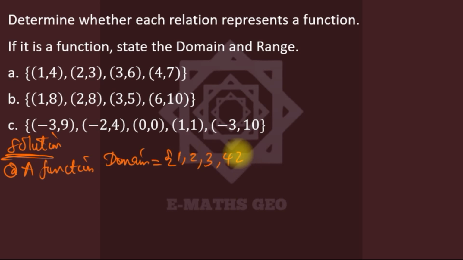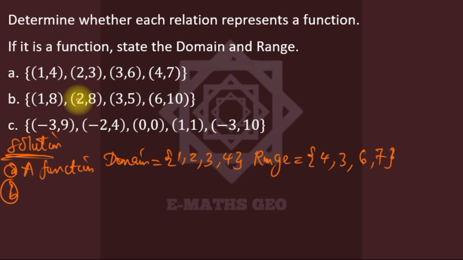The range is the set of the images: 4, 3, 6, and 7. So do you see, the y coordinates are the range, while the x coordinates are the domain.